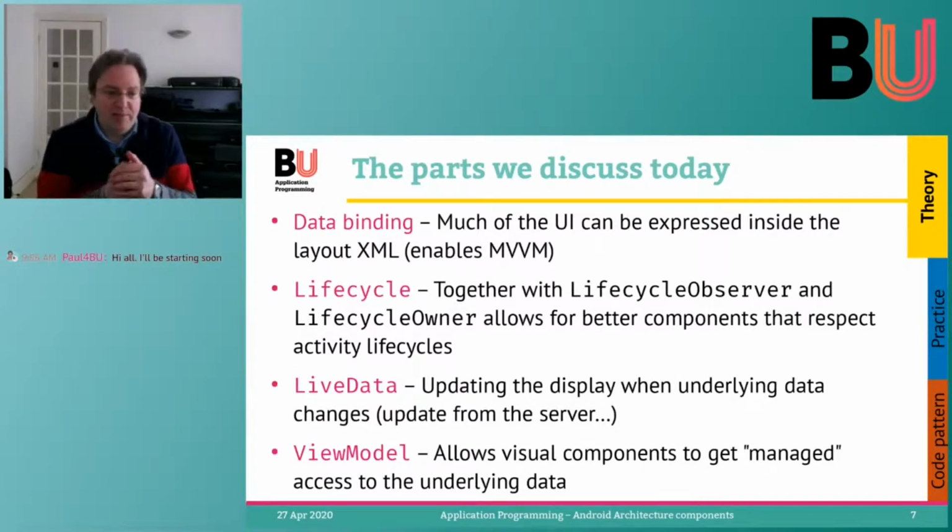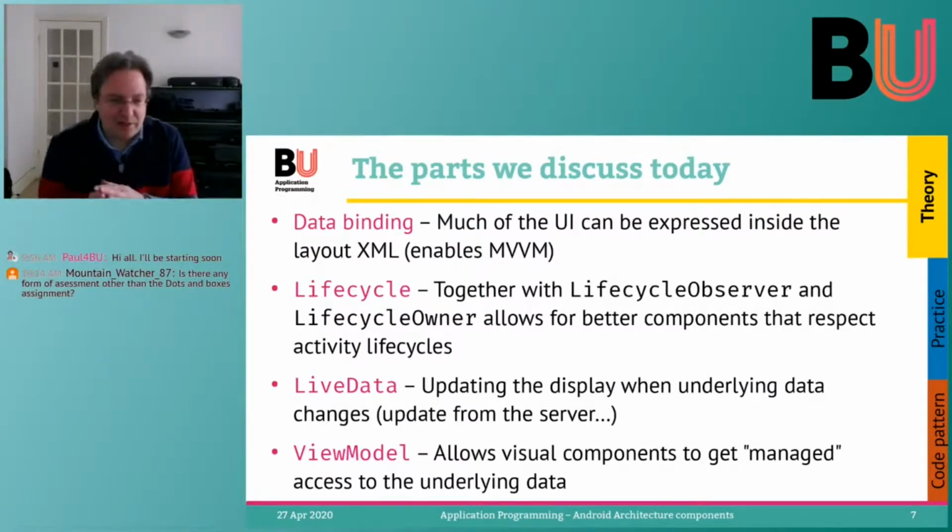And it also enables the model view model architectural approach as we discussed in the previous lecture. That is where data binding comes in. View binding is a lighter weight version of that. We'll come back to that.